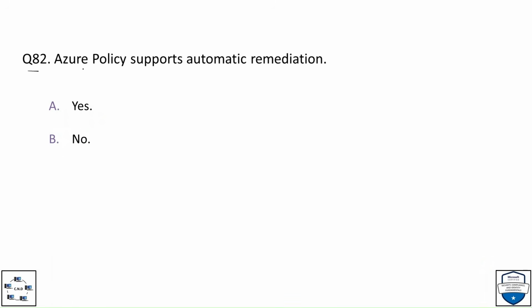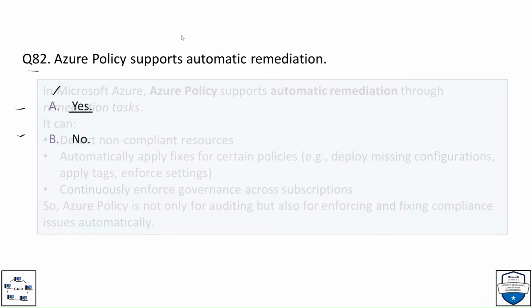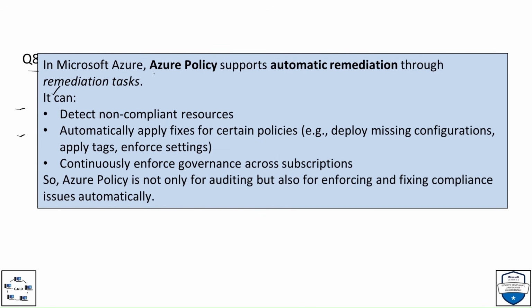Question number 82. Azure Policy supports automatic remediation. Option A, yes, and option B, no. And the correct option is yes. So Azure Policy indeed supports automatic remediation. In Microsoft Azure, Azure Policy supports automatic remediation through remediation tasks.